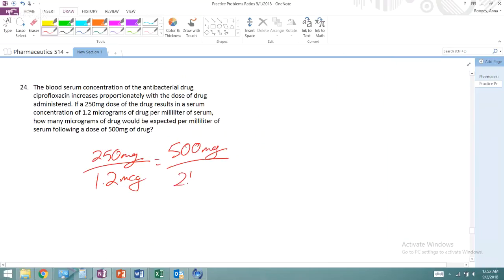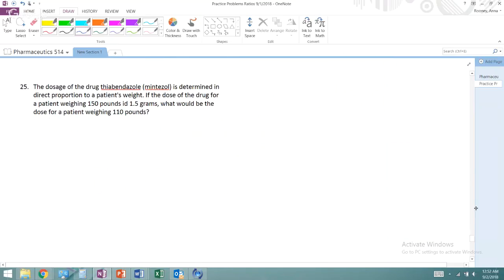That would be 2.4 micrograms. I'm going to highlight that because I did it in red, which I don't like doing. There's a way to change the color of the pen, but I'm not messing with it now.